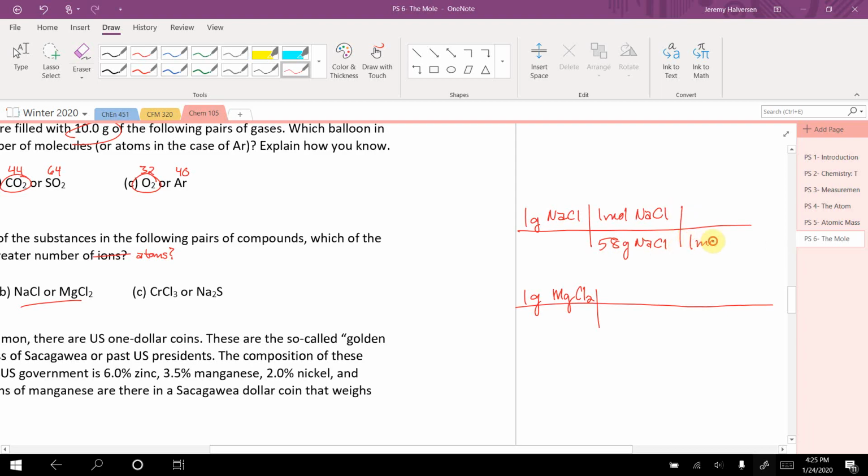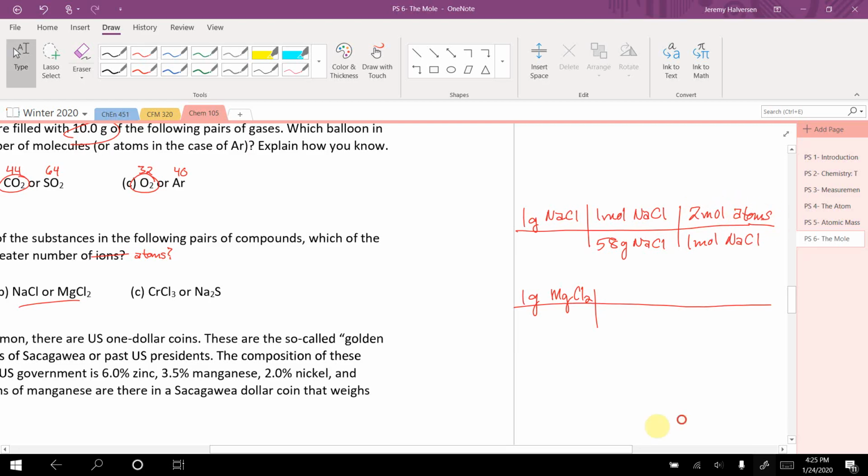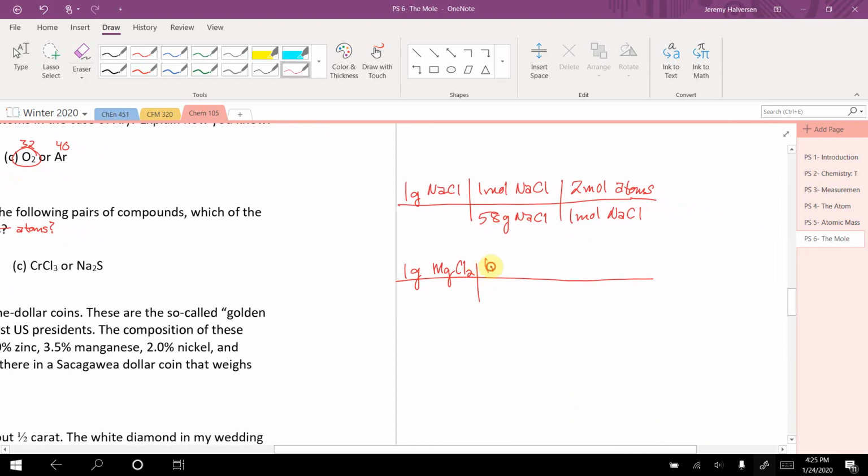And then 1 mole of NaCl has 2 moles of atoms. I could do the same thing here. 1 mole of MgCl2 is 94 grams. 1 mole of MgCl2 has 3 moles of atoms.